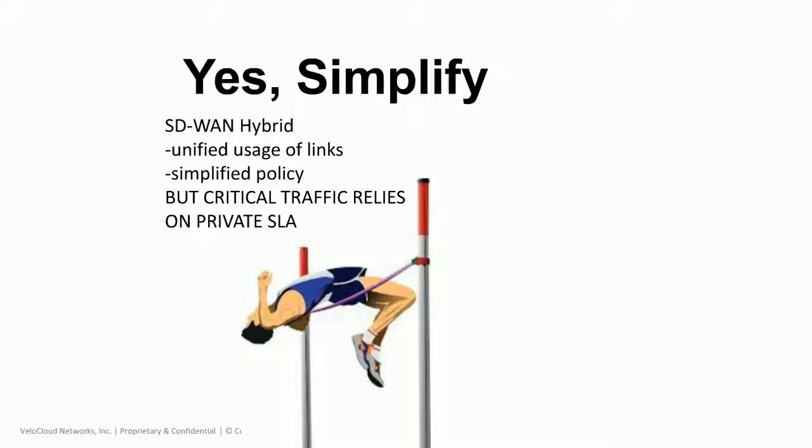Or if we go a bit further and allow additional traffic to leverage the internet, so allow some more of the actual business applications to use the internet, the best practice is still always to have a private circuit to steer back to.